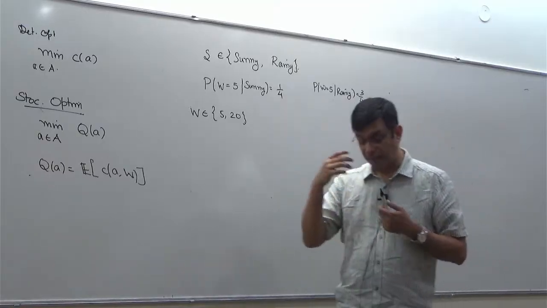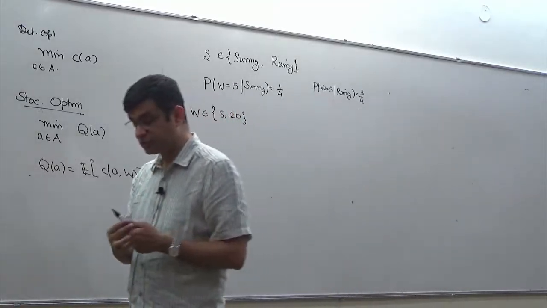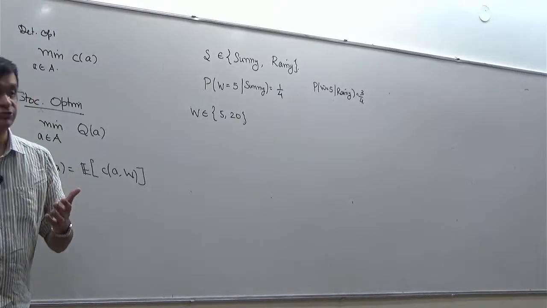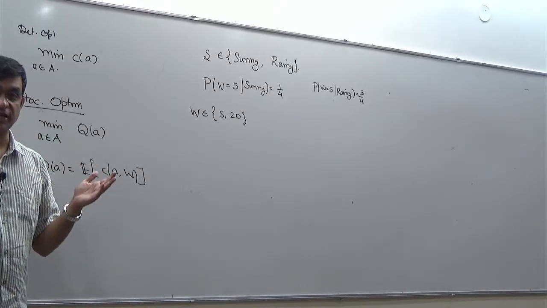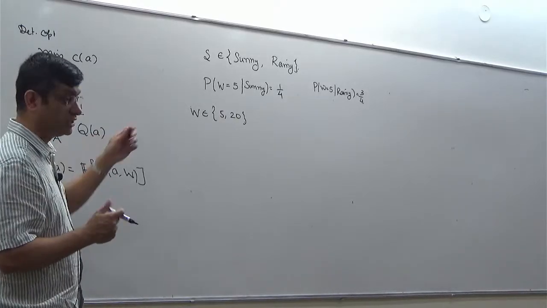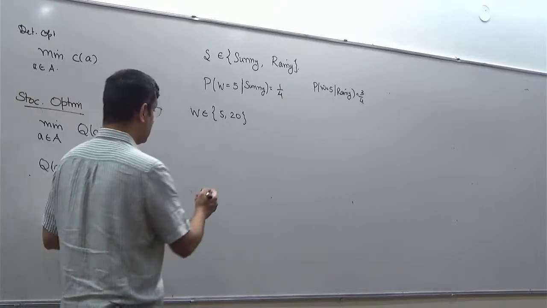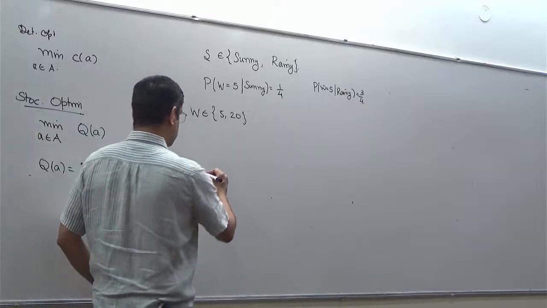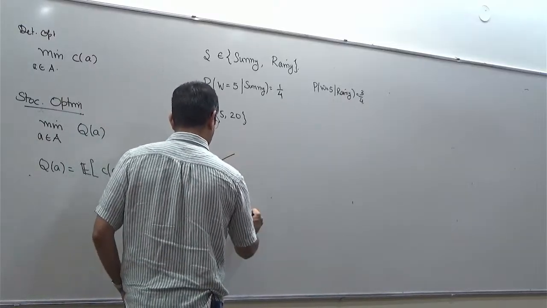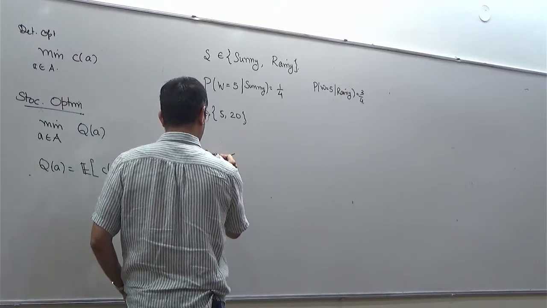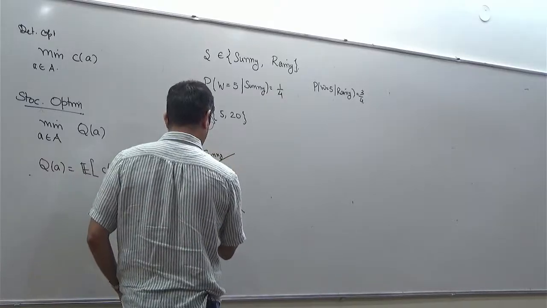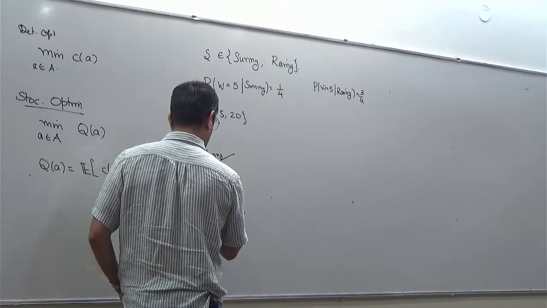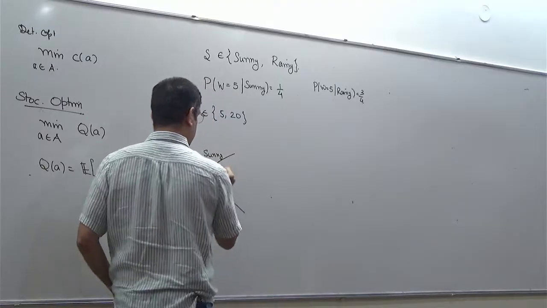So what happens in this physical system is the day starts and nature determines whether it is sunny or rainy. Let's assume both of these things happen with equal probability. So the first node is a chance node, which decides whether it is sunny or rainy, and I have equal probability for both these events.